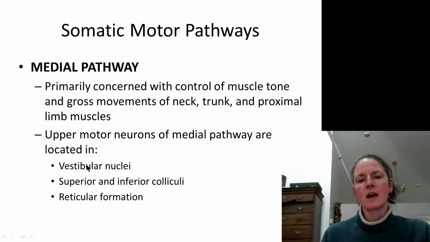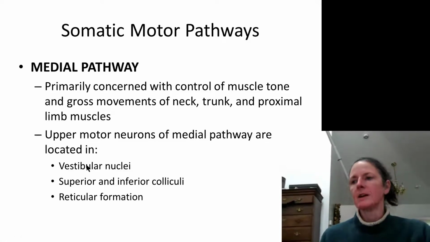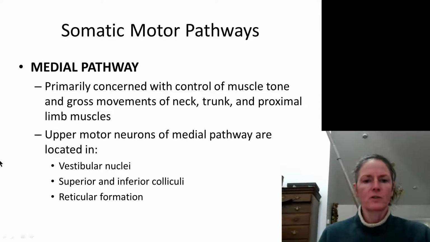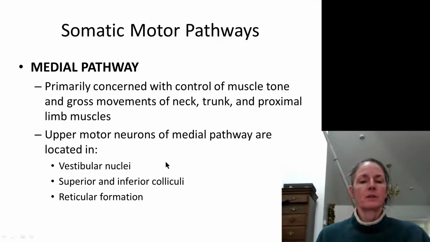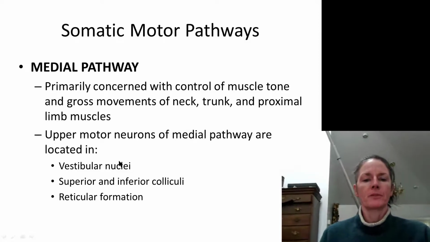And the vestibular nuclei will give us information about head position and movement in rotation and acceleration and this kind of thing. So it's quite important because this is going to help us with our posture, and it's going to help us with our ability to right ourselves if we were to fall. So a lot of reflex movements.